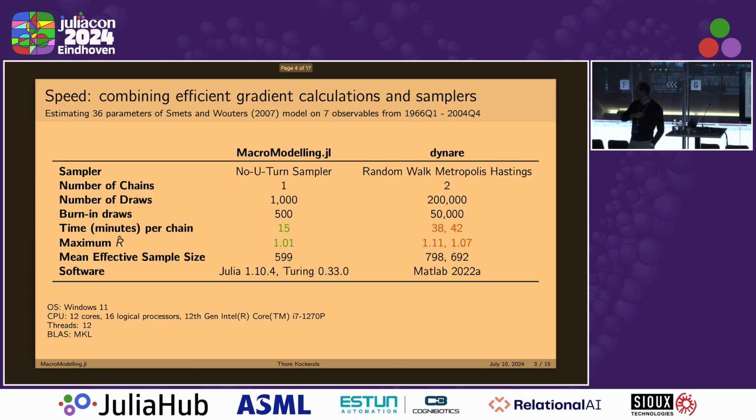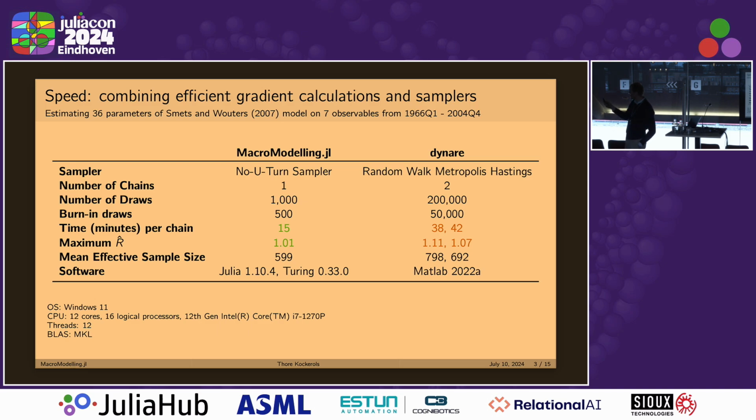Now, speed. Speed is two things here, really. On the one hand, it's the custom gradient. That's what you need, and then it's also the sampler. So the No-U-Turn sampler, that's what helps. Here I took an example estimating a canonical model in economics, which has 36 parameters, estimated over 40-something years with 7 observables.